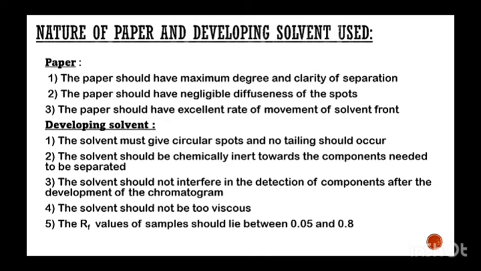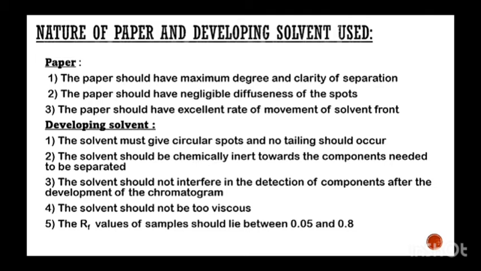Then, the nature of the paper and developing solvents used in paper chromatography. It is necessary for the paper and developing solvents to satisfy some defined criteria. The paper should have maximum degree and clarity of separation of the components.